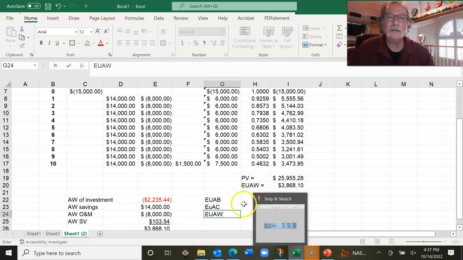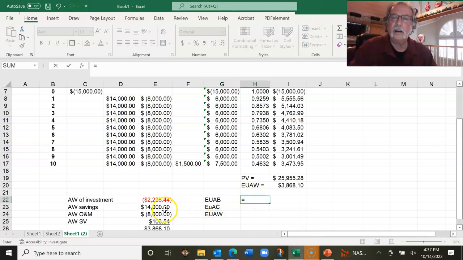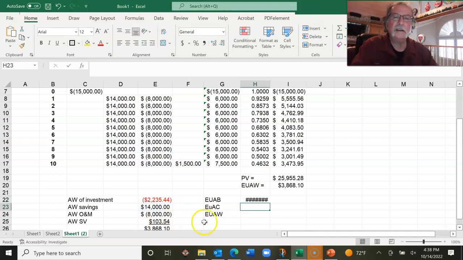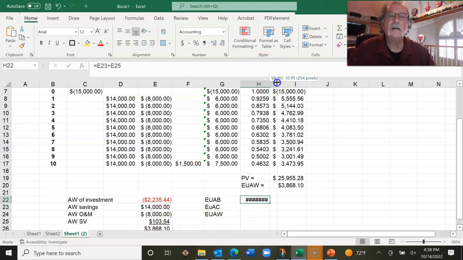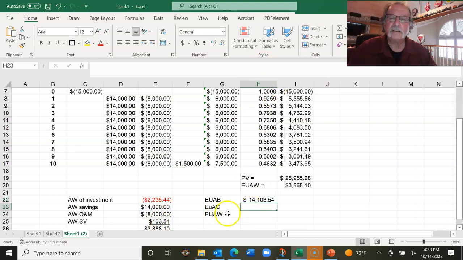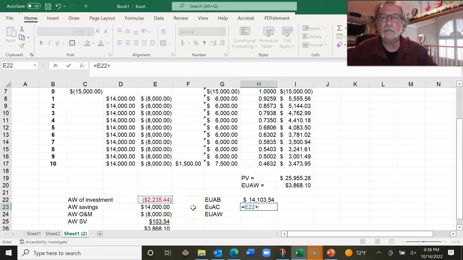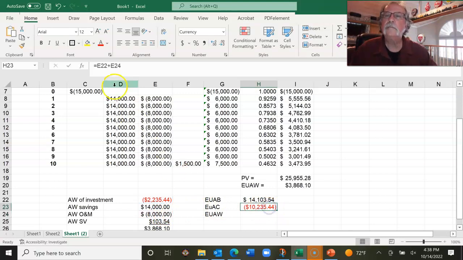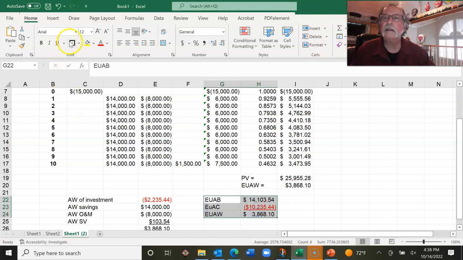And the benefits are the savings plus the salvage value, and the costs are the upfront amount annualized plus the annual O&M, and this is the way that it's done in the example in PowerPoint.